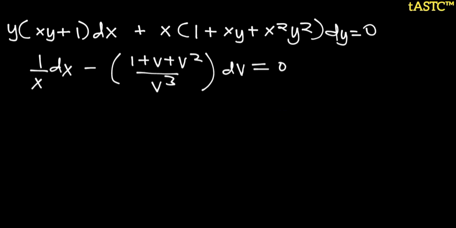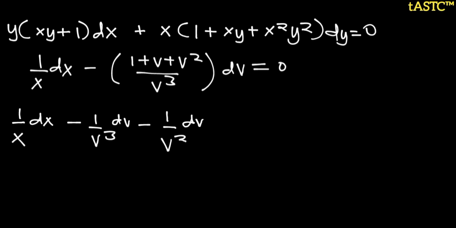And now we could well split this. Of course, from here we can integrate both sides, but I just want to make it more basic, so we should go a little bit further. This is going to be a minus 1 over v to the third dv, and here this would cancel some stuff and create a v squared, so that should be 1 divided by v squared dv, and this is going to cancel stuff and leave us with the 1 over v.